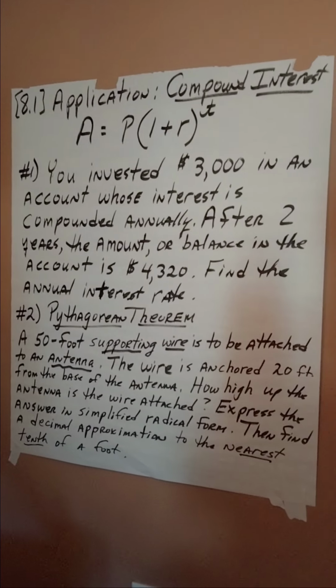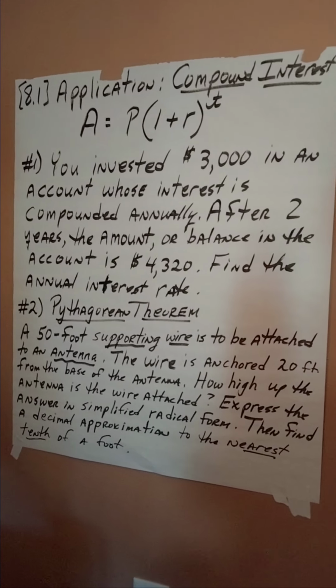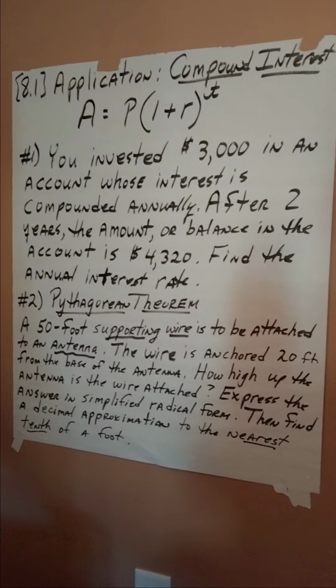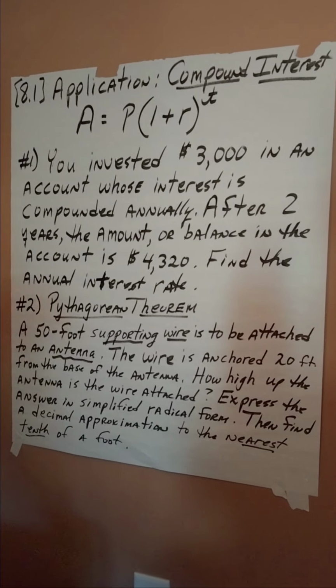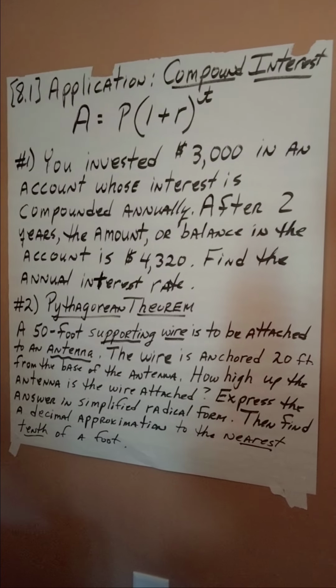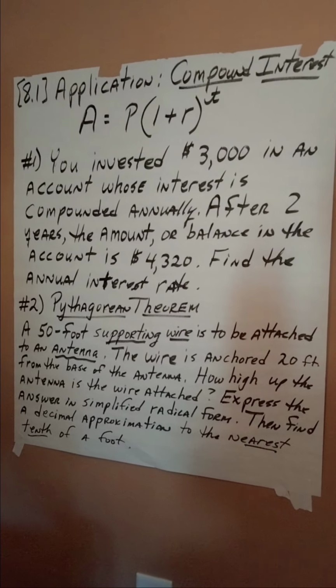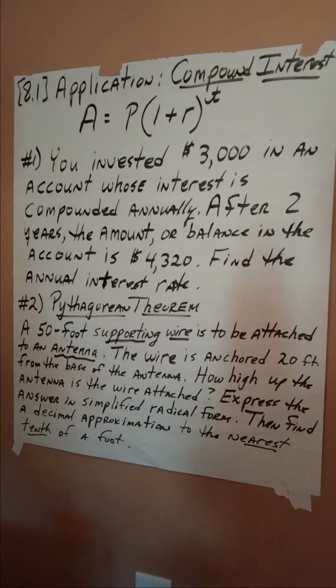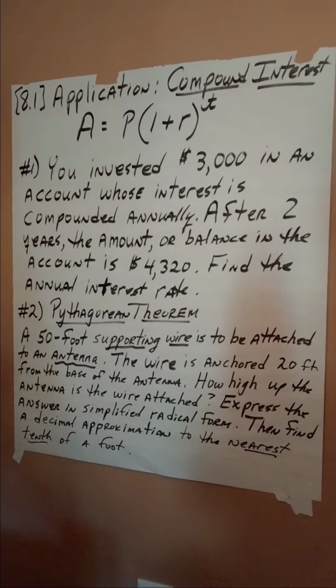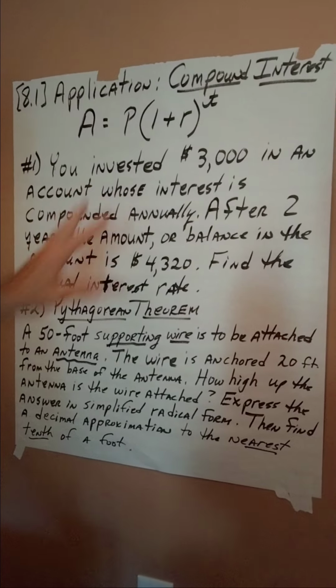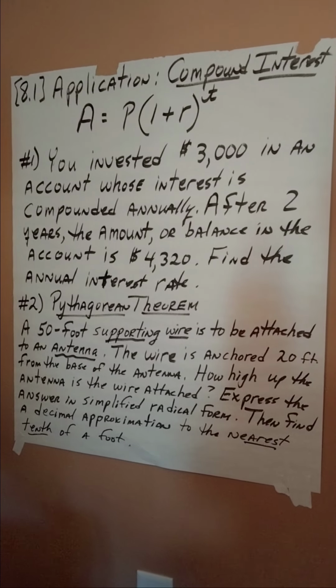So the compound interest formula certainly makes use of principal, rate, and time in its formula, but it's positioned differently and it looks different. This is the model that we're going to be taking a look at to solve the compound interest problem that we're going to be dealing with.